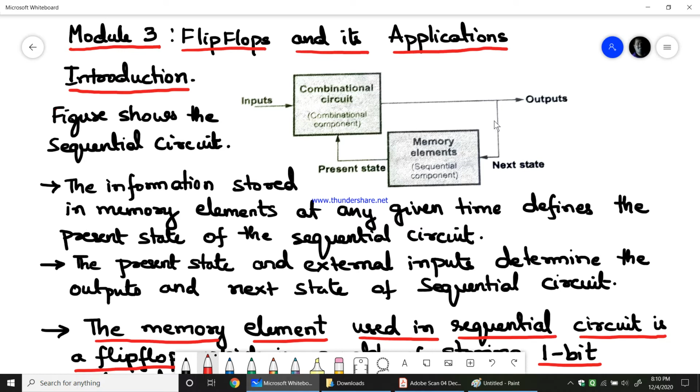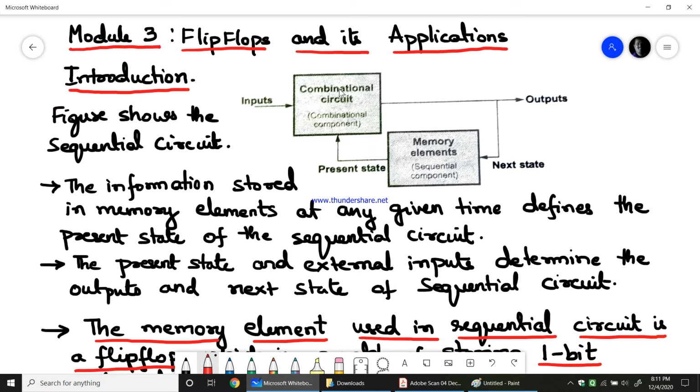So you can easily say that the output is totally dependent on the present state and the input. The same output is given as feedback to the memory element, and for the next consecutive process we give a clock pulse. When we give a clock pulse, the content stored in the memory element, which would be the next state of the previous process, behaves as the present state now.